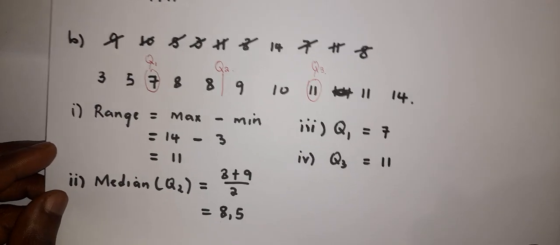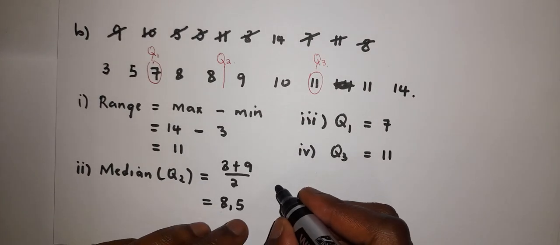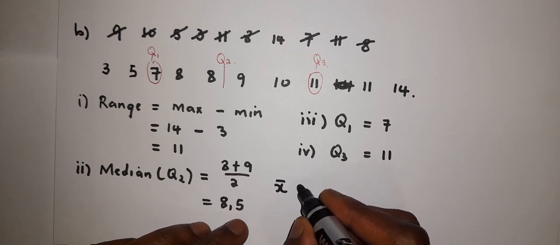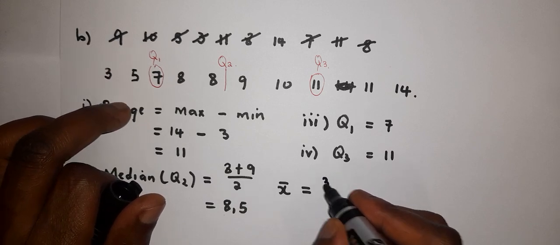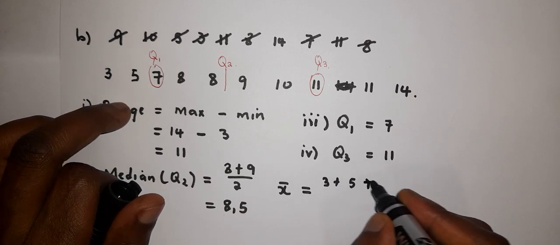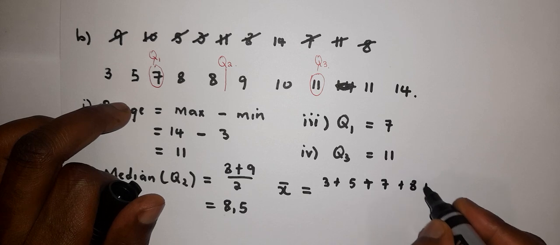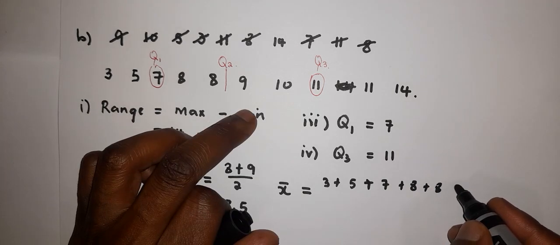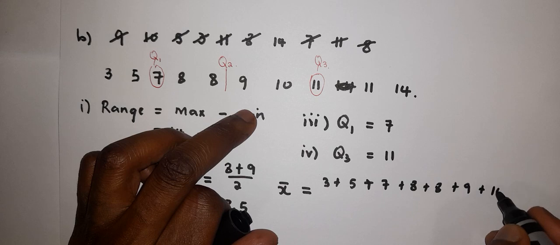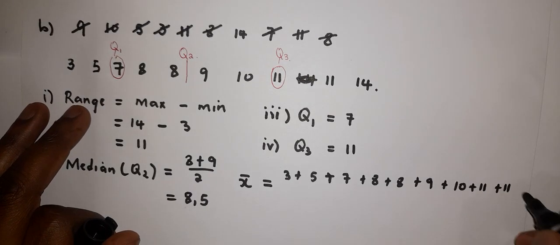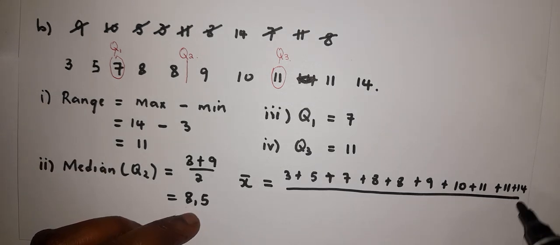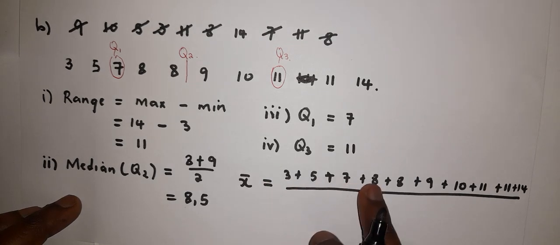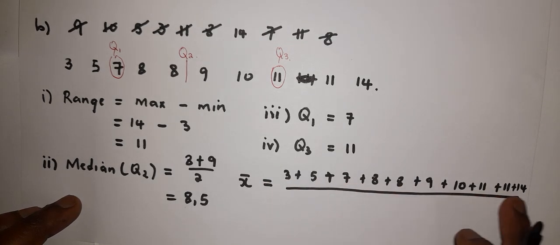Then again, if a question were to come, calculate the mean. The mean would be the sum of the data divided by the number of data. This time around we have 3 plus 5 plus 7 plus 8 plus 8 plus 9 plus 10 plus 11 plus another 11, plus a 14, divided by the number of values, 1, 2, 3, 4, 5, 6, 7, 8, 9, 10.